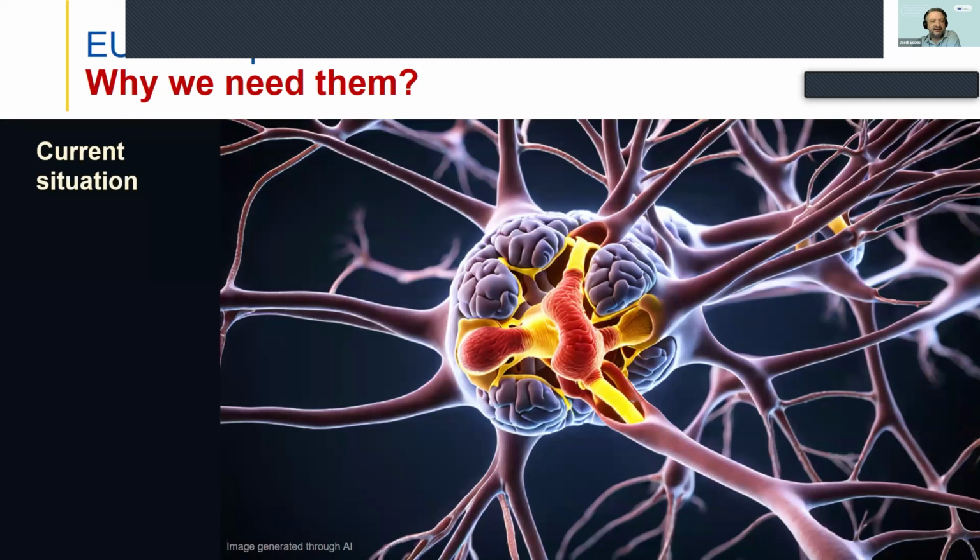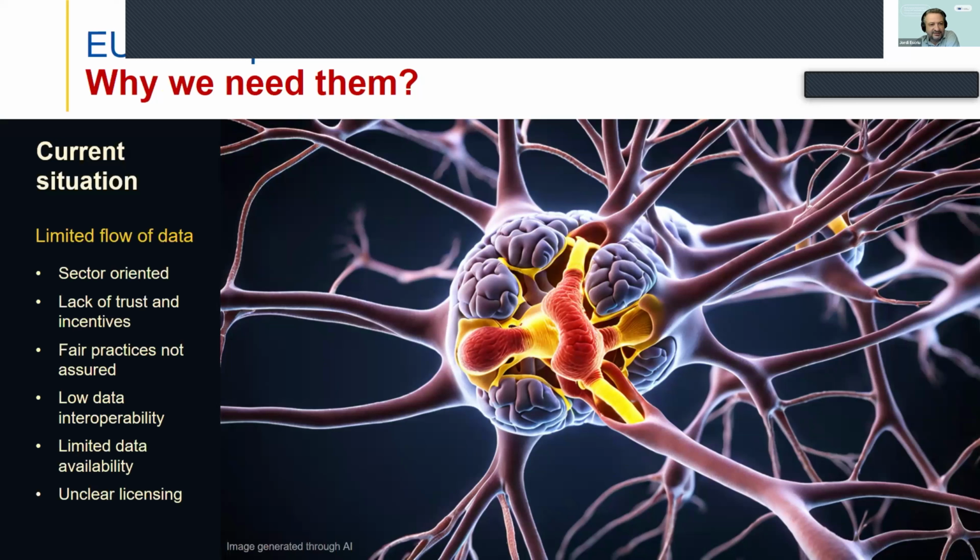So as you know, the current situation is that data sharing, especially in cross-border contexts, is not really working well. You can compare it with a brain with Alzheimer's, which is a good example to illustrate this situation, where the flow of data is limited. It's sector-oriented, with lack of trust and incentives. Fair practices are not assured.